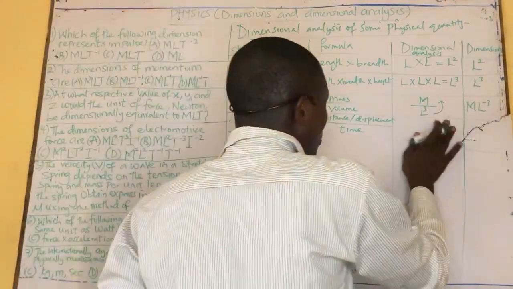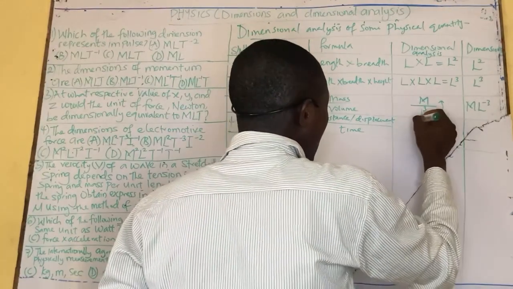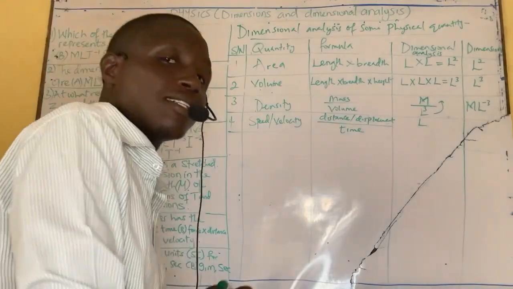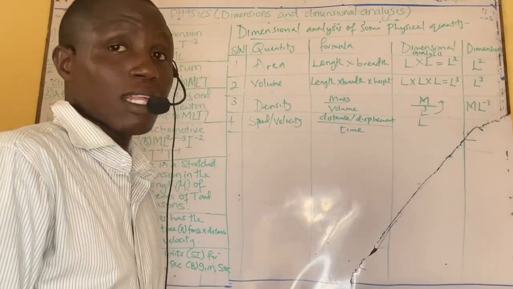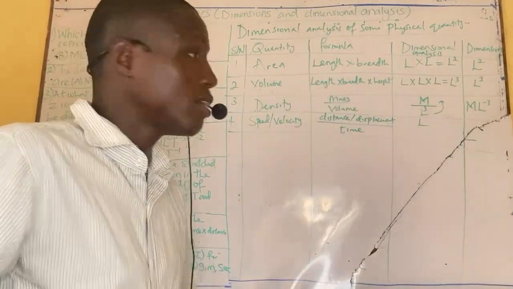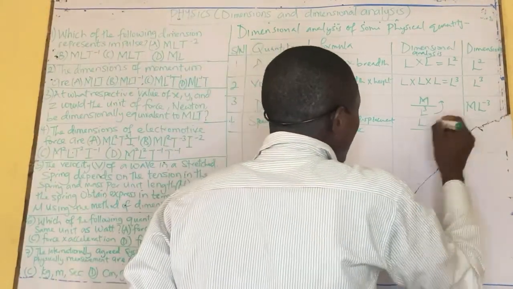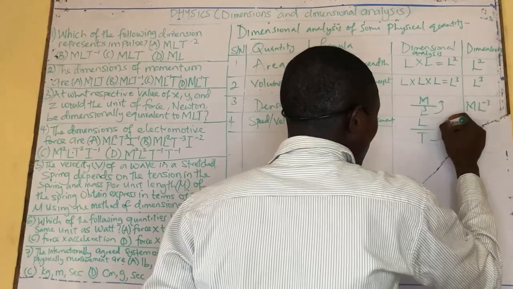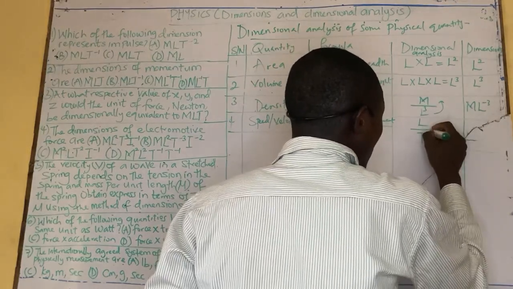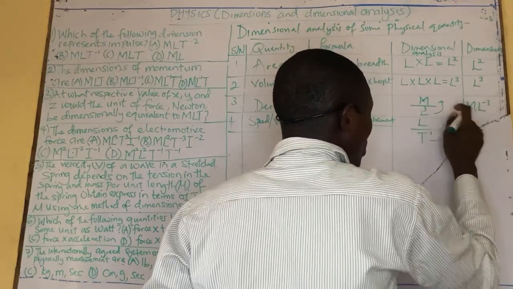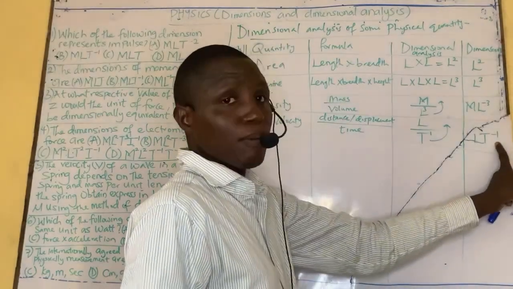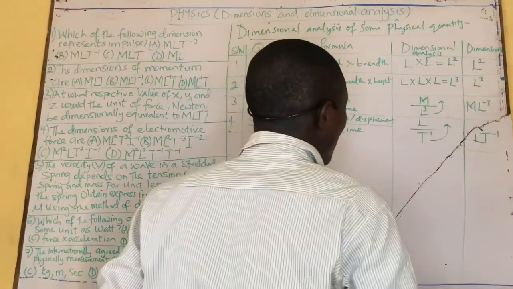So L is used to represent both distance and displacement in terms of dimension, because they are both measured in meters. So L all over T. By so doing, you take T up as well. It's power of 1, so it's going to be L per T, and the power of 1 will become minus 1 when it gets up.